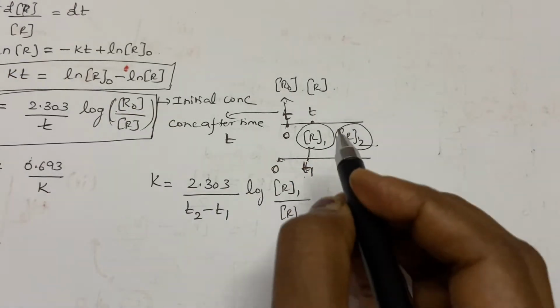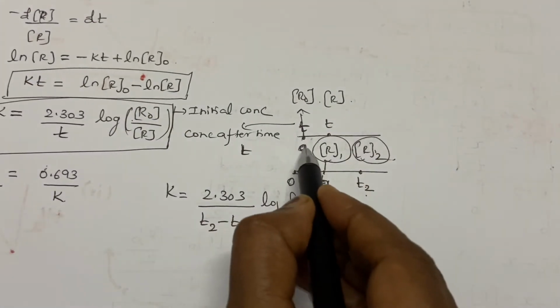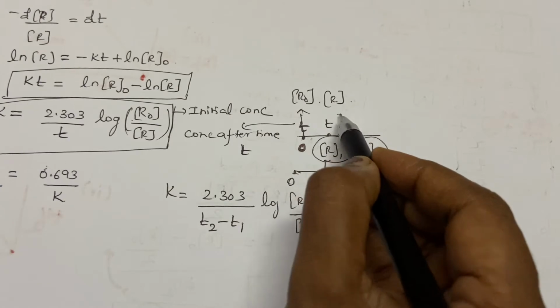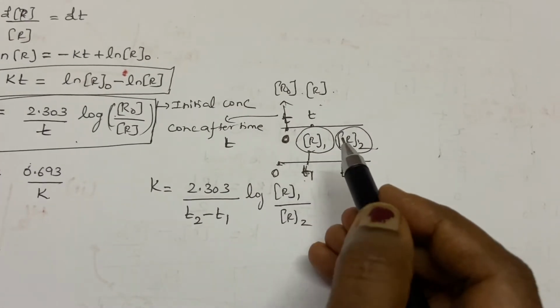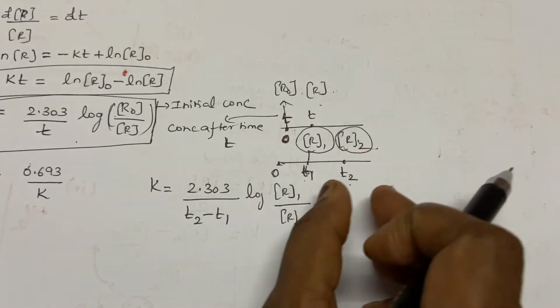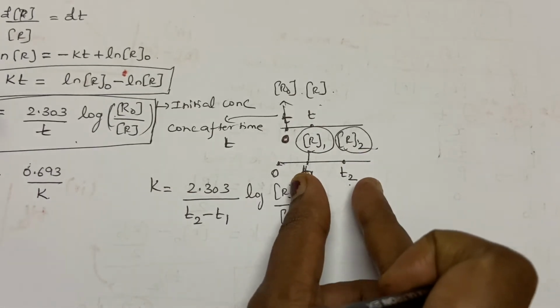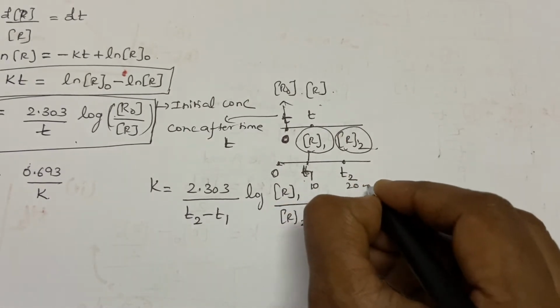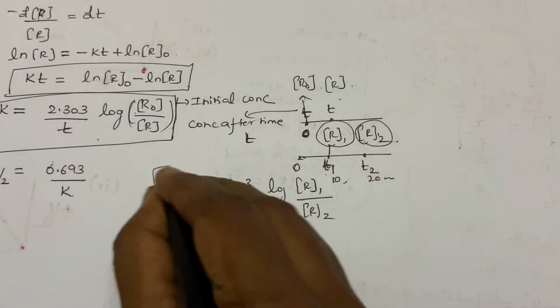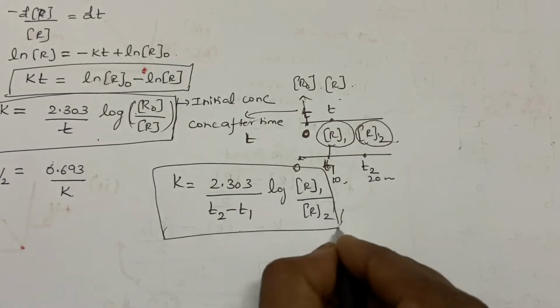So when you speak about the initial concentration and one more concentration, we use the earlier equation. Whenever we don't speak about the initial concentration, but two time intervals other than t0, say 10 minutes and 20 minutes, we use this equation to find the rate constant of the reaction.